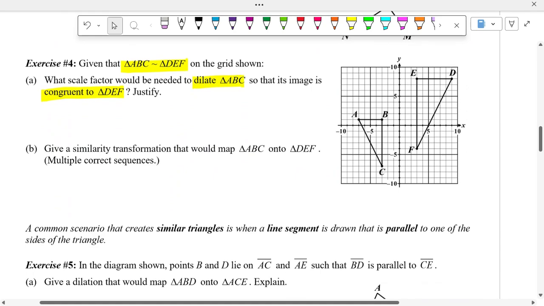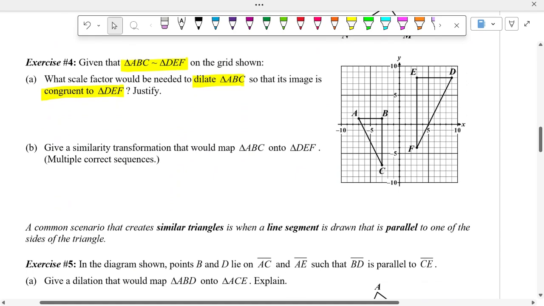So what do you think I'm going to do here? Find corresponding sides. But then, how would I figure out the scale factor? I need to get some side lengths, or I can use points. It doesn't really matter. I would say more on side lengths because we can actually get some nice side lengths.